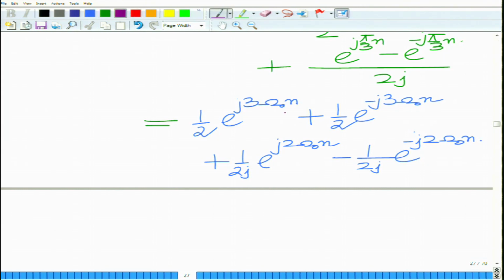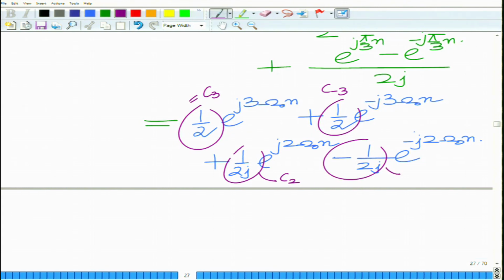And clearly you can see this is the coefficient of 3 omega naught, that is half. So, this is equal to C of 3, this is C of minus 3, this is C of 2 of the DFS, and this is C of basically minus 2.